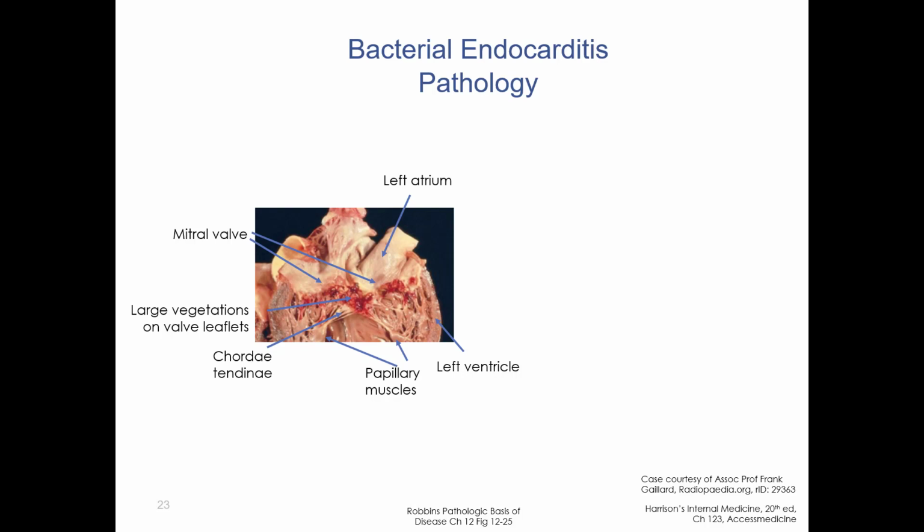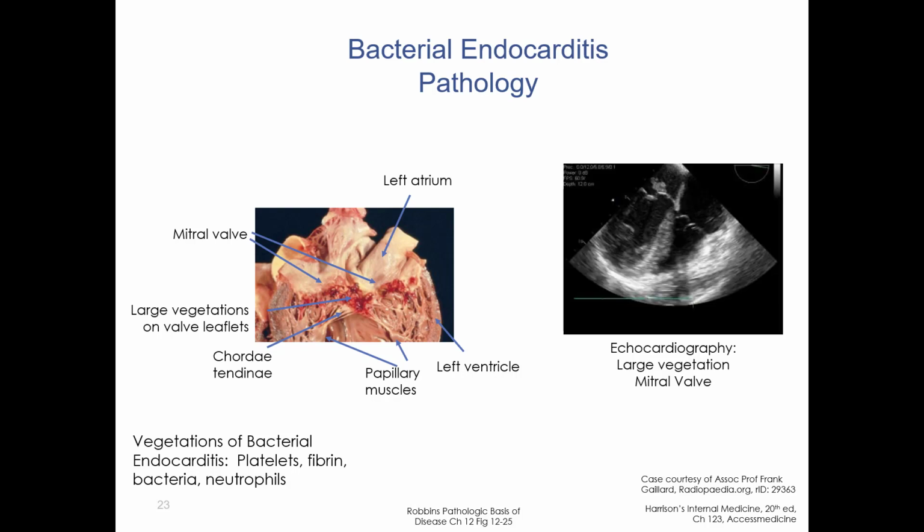Bacterial endocarditis can generally be distinguished from the non-infectious causes of endocarditis because bacterial endocarditis tends to have very large vegetations. The vegetations of bacterial endocarditis are composed of platelets, fibrin, bacteria, and neutrophils.